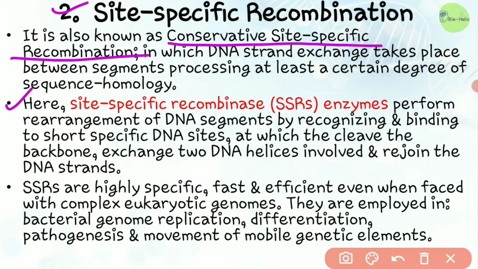SSRs are highly specific, fast and efficient even when faced with complex eukaryotic genomes. They are employed naturally in a variety of cellular processes, including bacterial genome replication, differentiation, pathogenesis, and movement of mobile or transportable genetic elements.